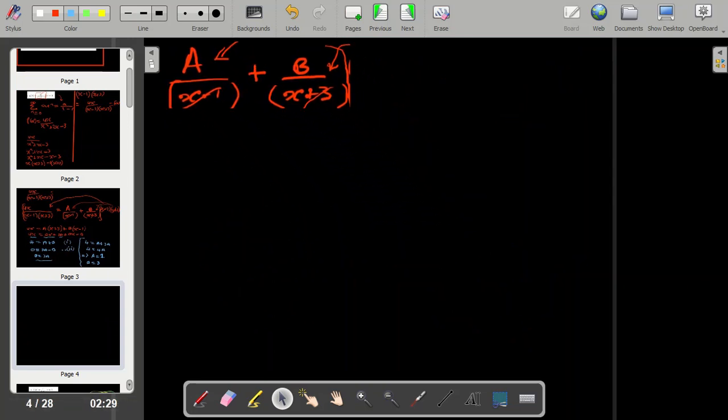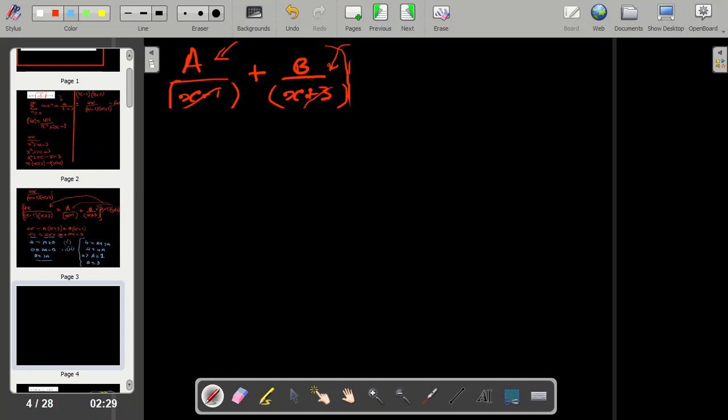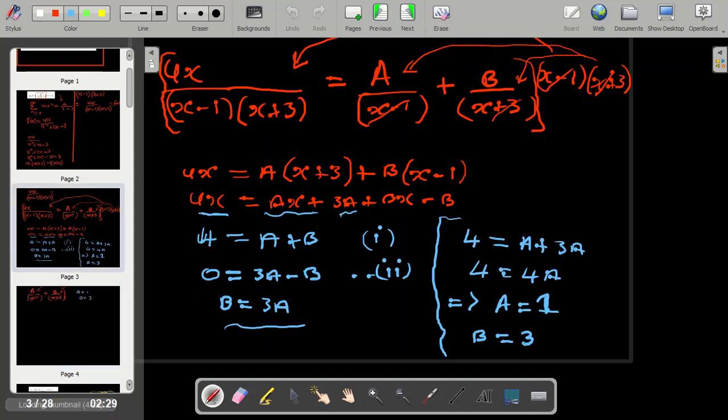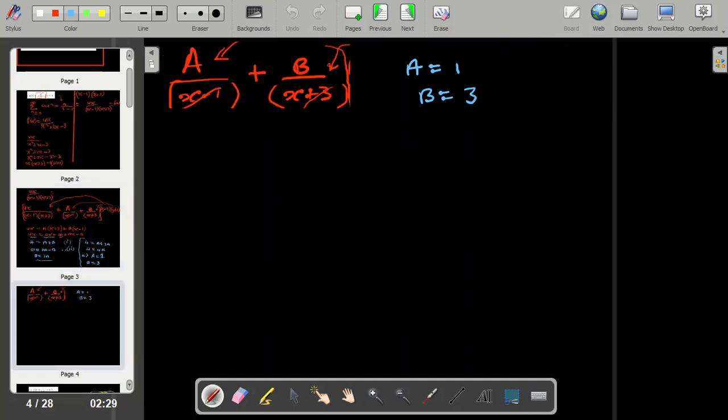So we've identified that our A is equal to positive 1, and then our B is equal to 3, right? Let's check that. Okay, right.